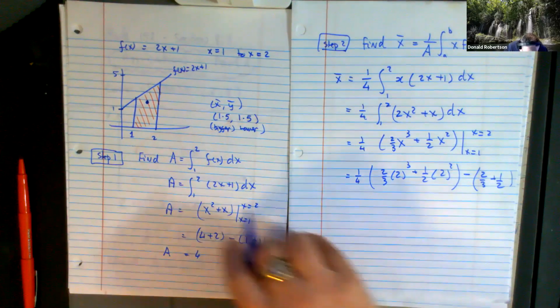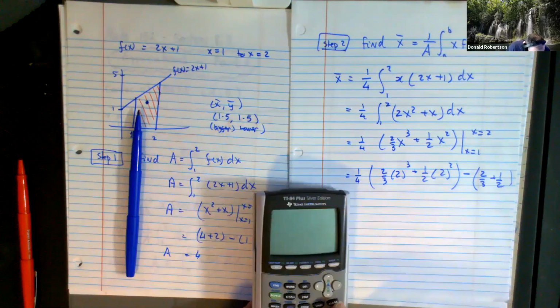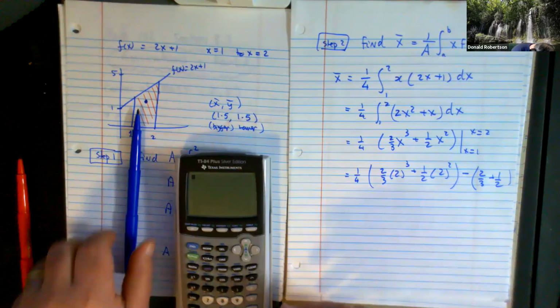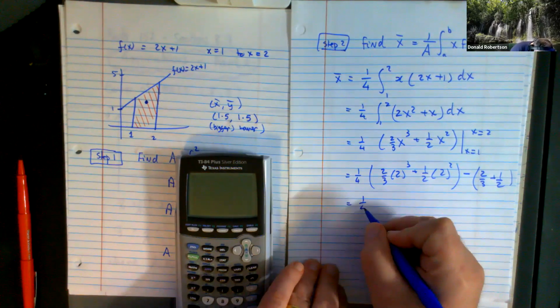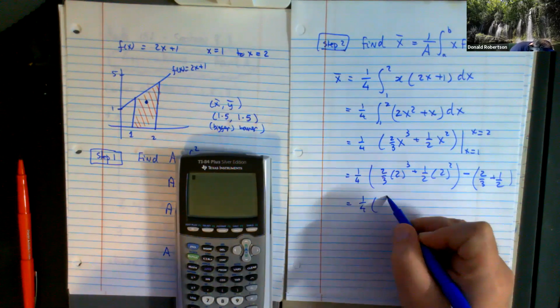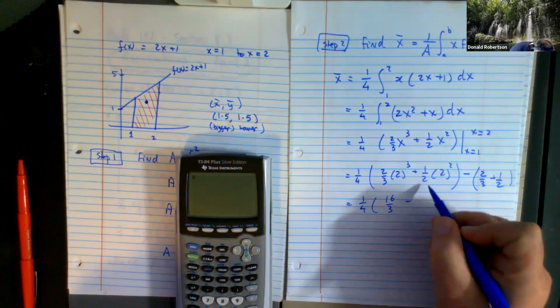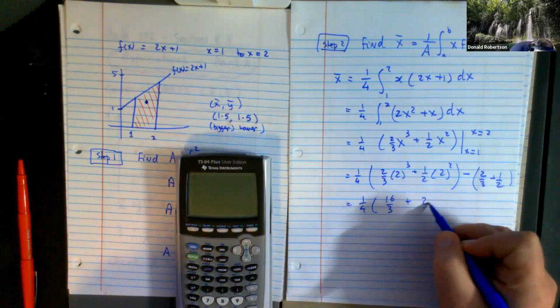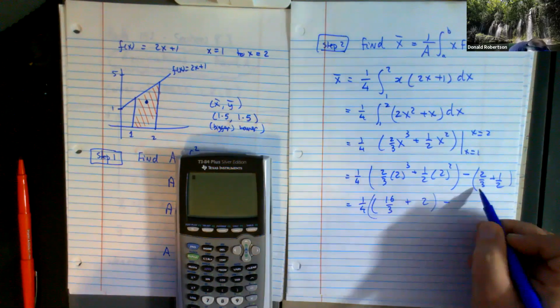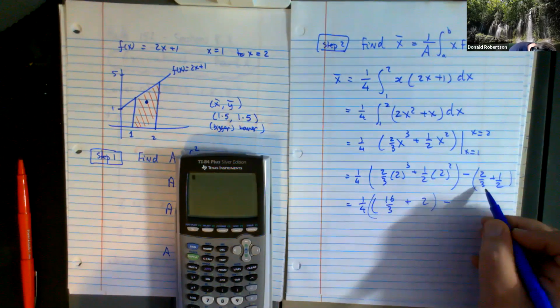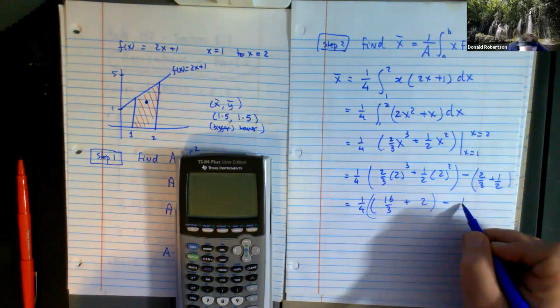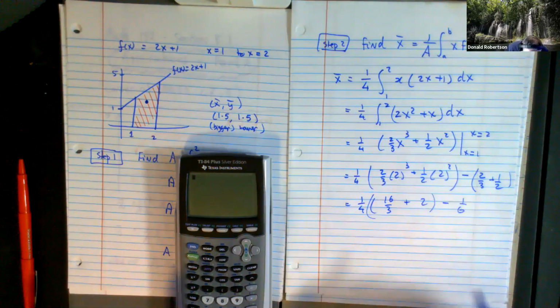This is going to be pretty messy. I think I should do it in more than one go then, just to be safe. 2, 4, 8, 16/3, add 2, take away, well, I could do that in 6, 4 take away, ends up being a 6. Okay, should be able to do it now.